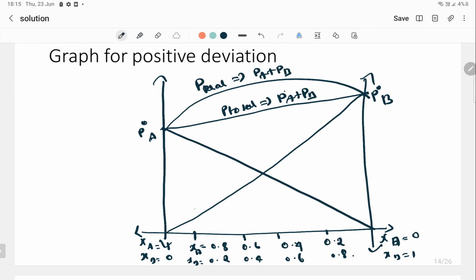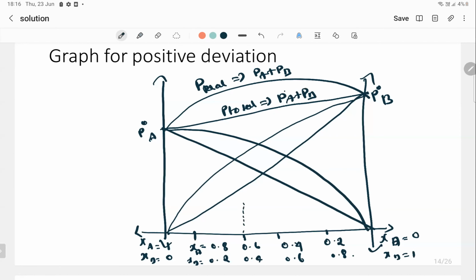Here this is for PB, again it will be quite higher. Again for PA, it will be quite higher. According to Raoult's law, your PB value is this thing, but according to reality, non-ideal solution, positive deviation, the real PB value will be this thing.